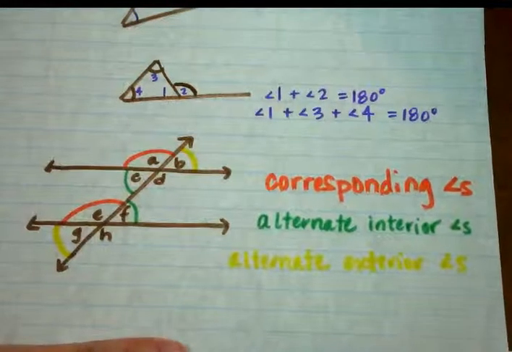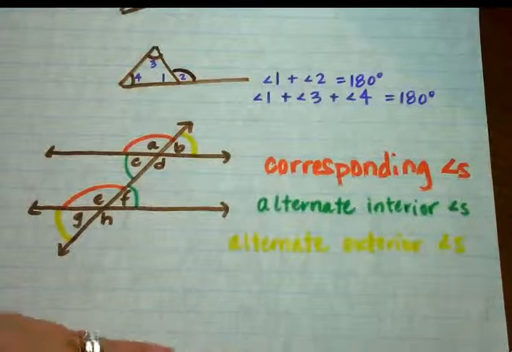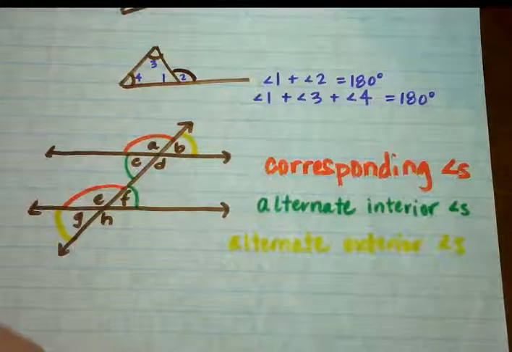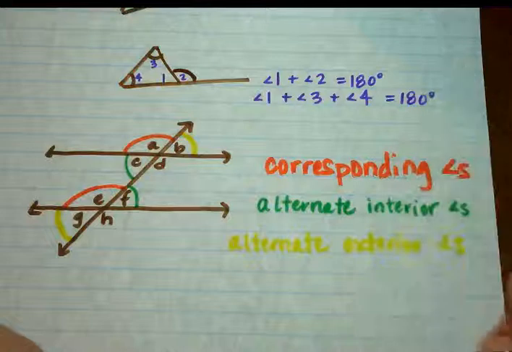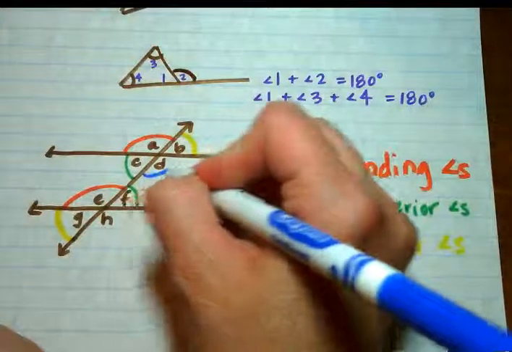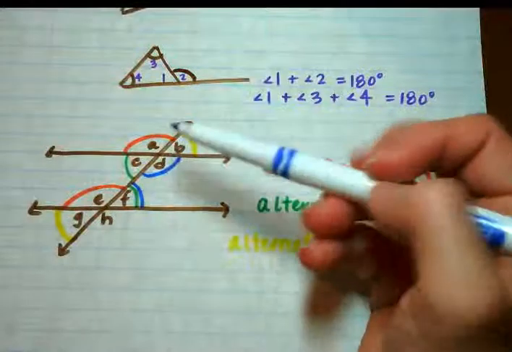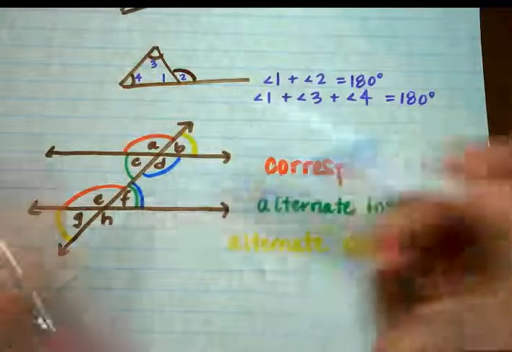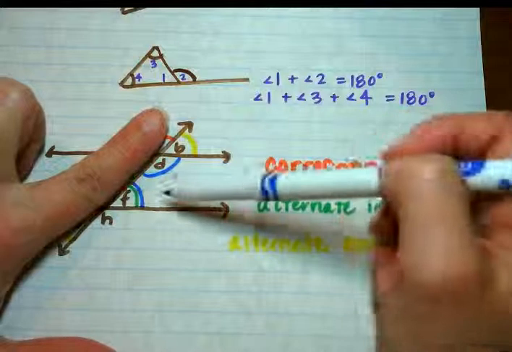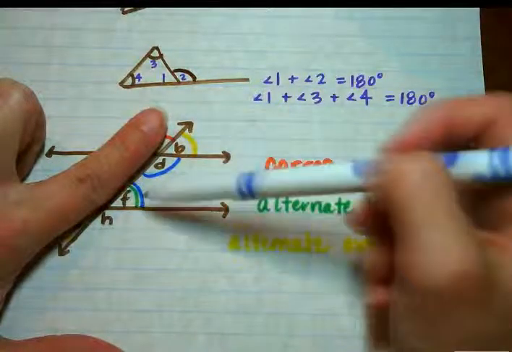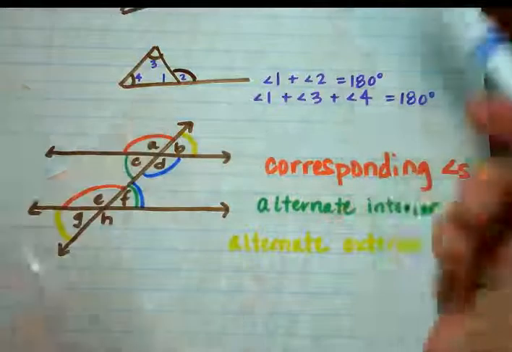All right, we also have some angles on the inside, and these are a little different because these are not going to be congruent or equal angles. We're talking about D and F. If you look at angle D and angle F, they're on the same side. So they're not alternate interior because they're on the same side.